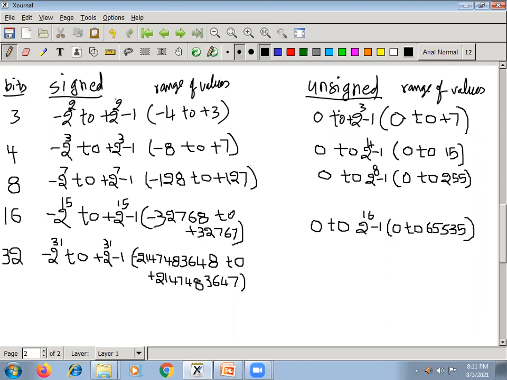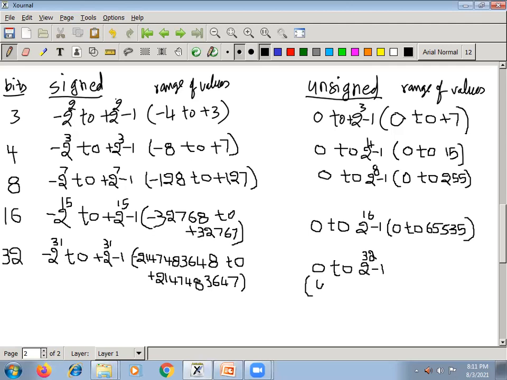Then for the unsigned type, it is 0 to 2 power of 32, minus 1. All the 32 bits are available. So what is the range of values you will get here?